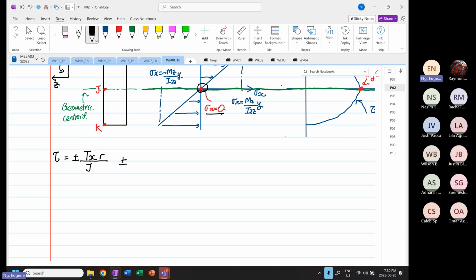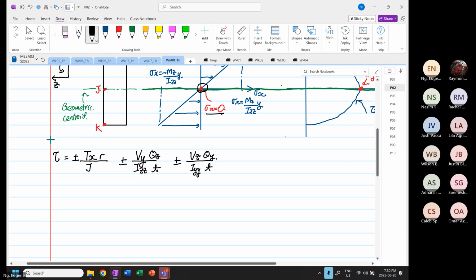And we're going to have plus minus Vy over Izz, Qz divided by T, and then plus minus Vz over Iyy, Qy over T. So this is the general formula for the shearing stress.